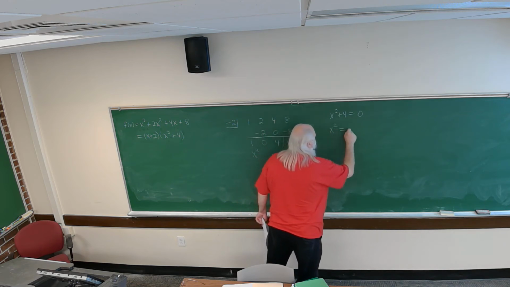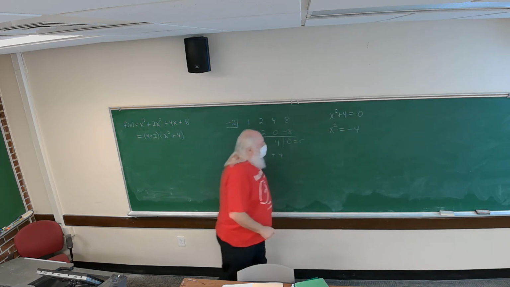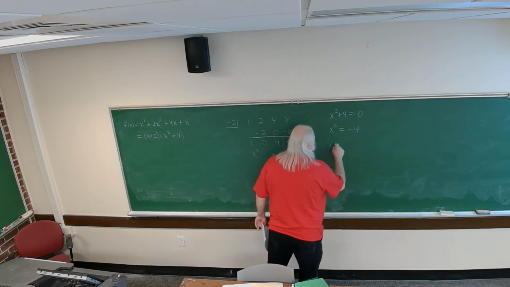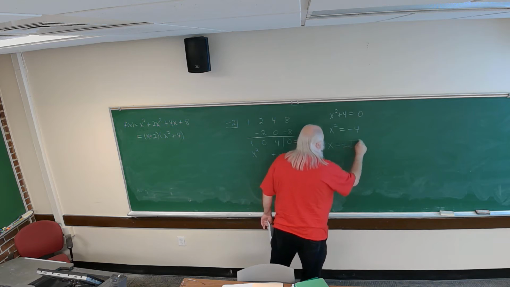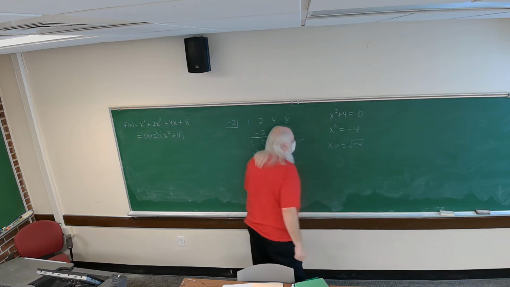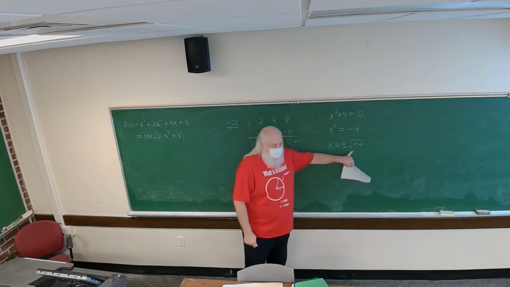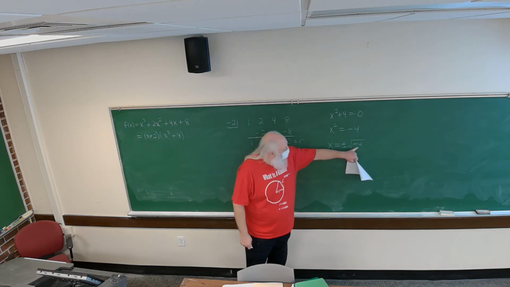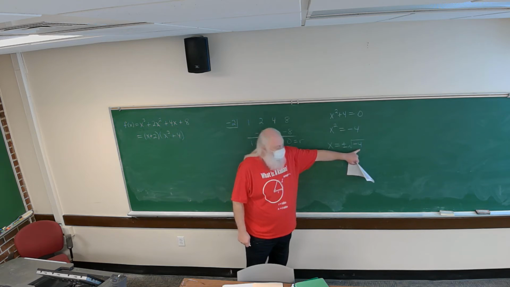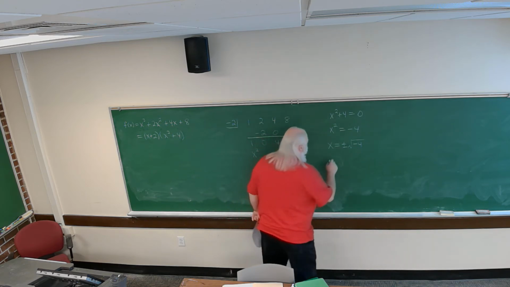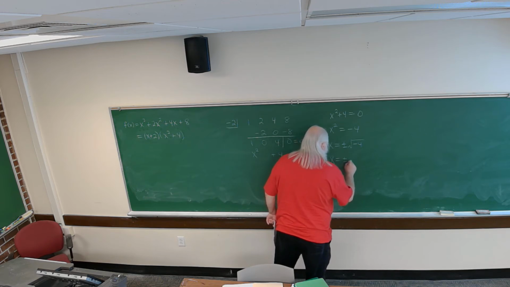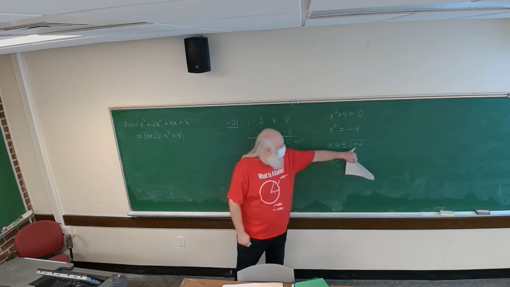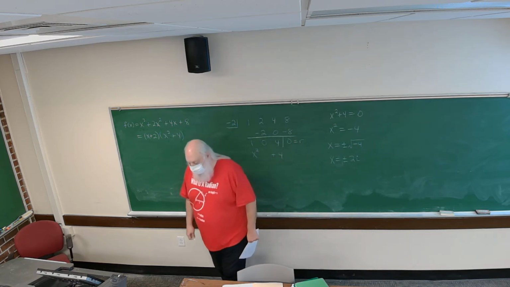We get x squared is equal to -4. Now you take the square root of both sides and you get x is equal to plus or minus the square root of -4. You know the square root of -4 is not a real number. The square root of 4 is equal to 2, so the square root of -4 simplifies to 2i. The square root of -1 is i, and the square root of 4 is 2.